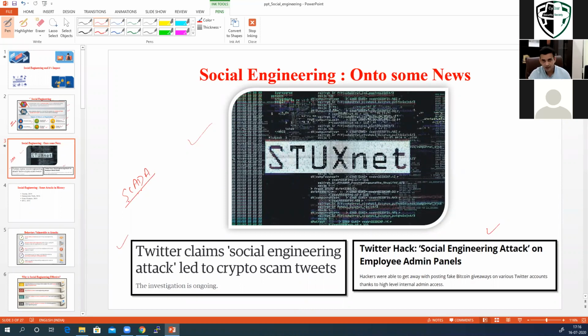Stuxnet targets the SCADA system and is believed to be responsible for causing substantial damage to the nuclear power plant of Iran. That was the news. And how did that happen? The attackers distributed USB drives containing this kind of malicious program, Stuxnet, for free.